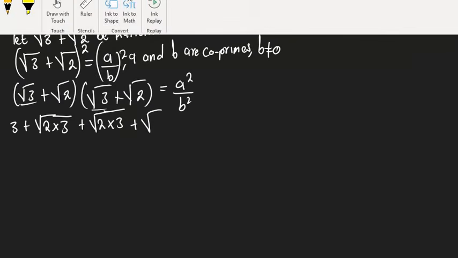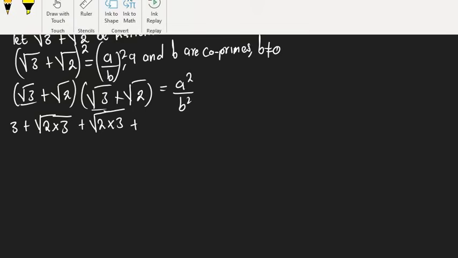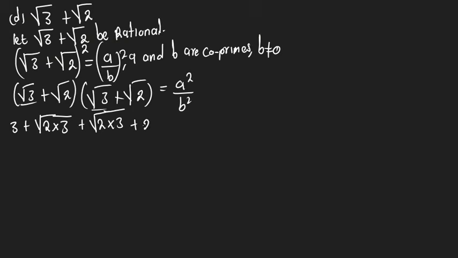You just remove the root. So you are going to get something like 3 plus root 6 plus root 6 plus 2 equal to a power 2 over b power 2.